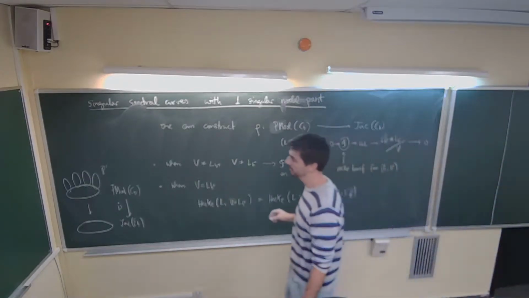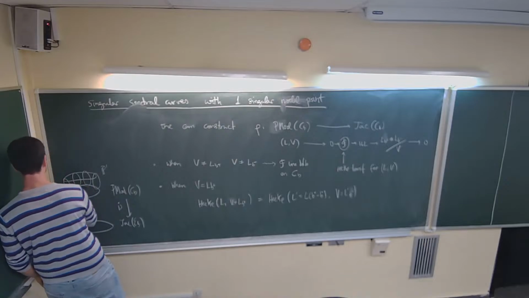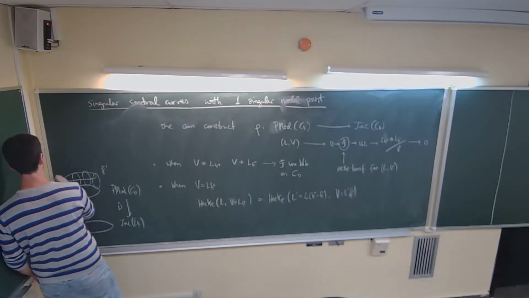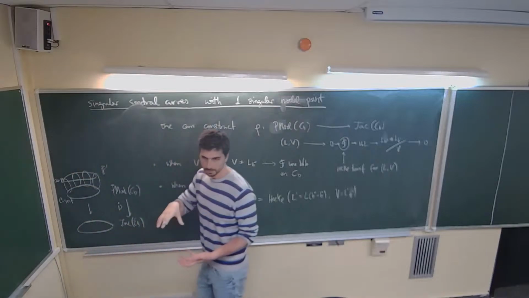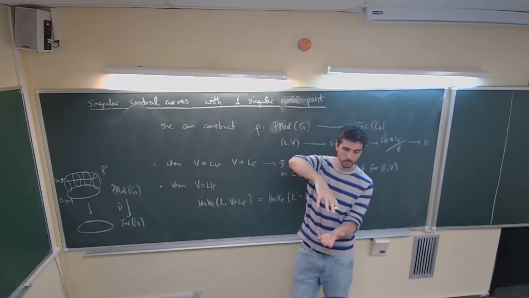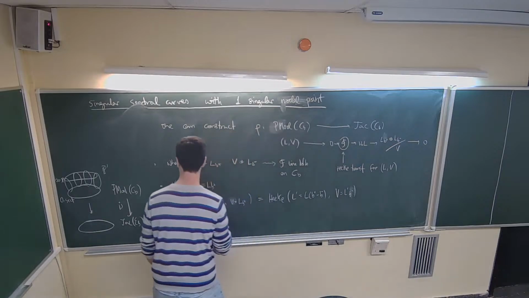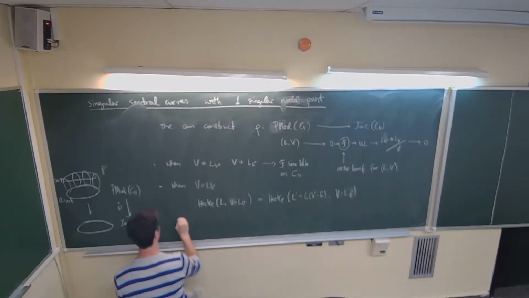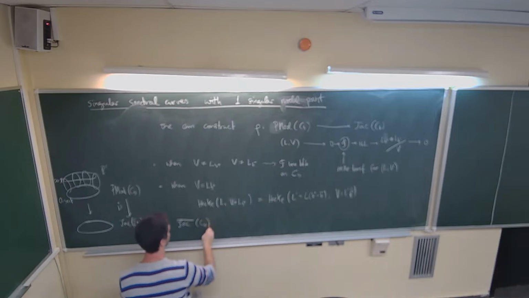So here we have the zero section, but also we have the infinity section. And what this morphism does is twisting and gluing.